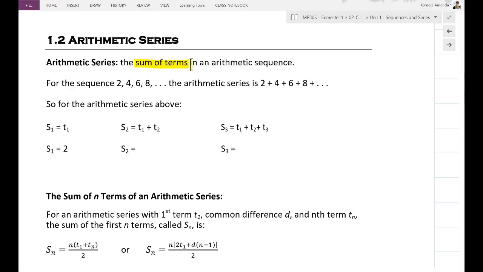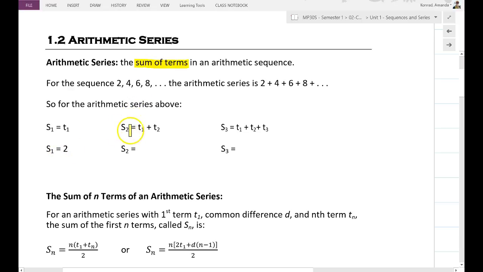So going back to that first example that we had for the sequence 2, 4, 6, 8, ... The arithmetic series is 2 plus 4 plus 6 plus 8 plus ... So for the arithmetic series above, the sum of one term is just the one term. So sum of 1 is 2.